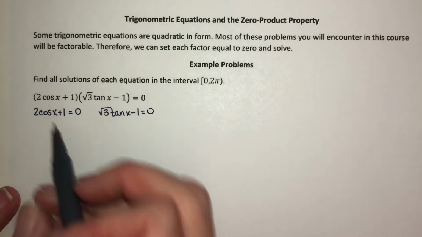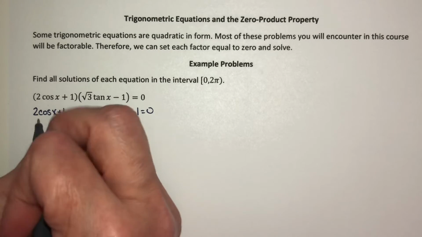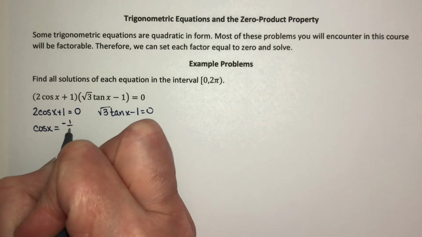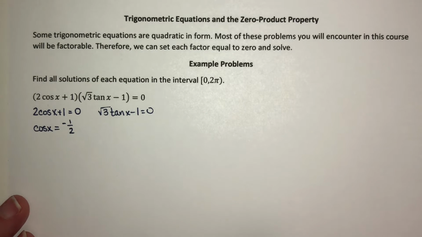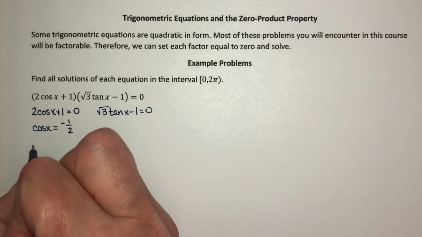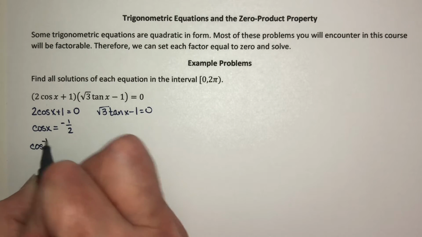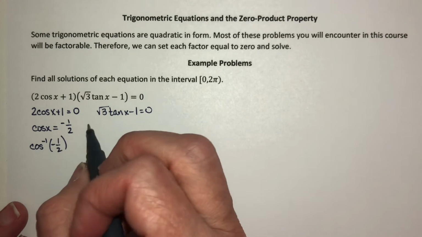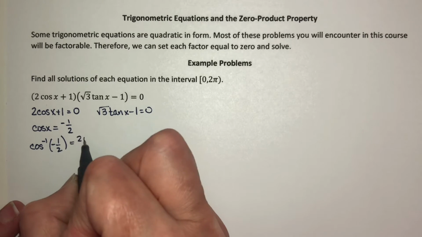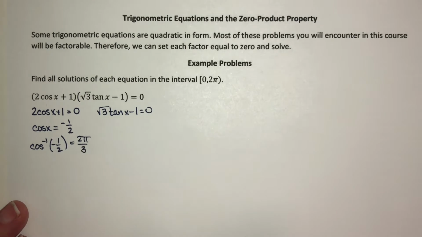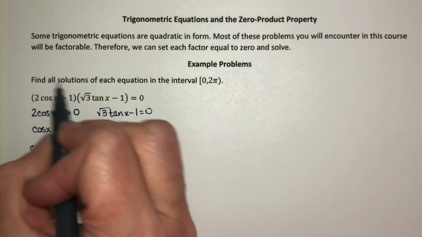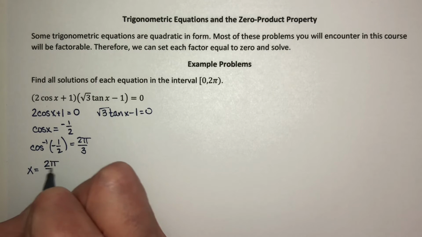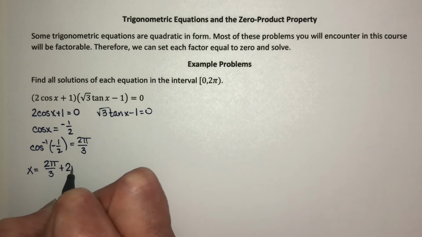Okay, so solving this for cosine x, cosine of x is -1/2. So find the inverse cosine of -1/2, and you get 2 pi over 3. So your solutions from here, you have x is equal to 2 pi over 3 plus 2n pi.